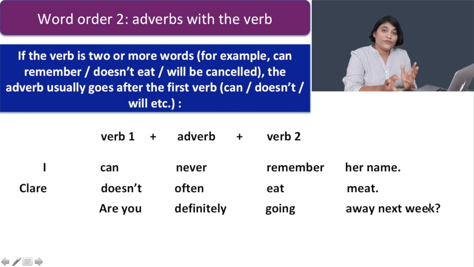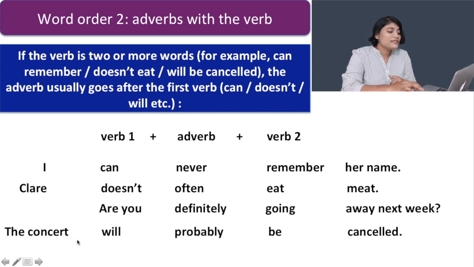Are you going always next week? Here the sequence is the same. Always keep in mind that if in a sentence you find more than one verb, you have to put the adverb after the first verb.